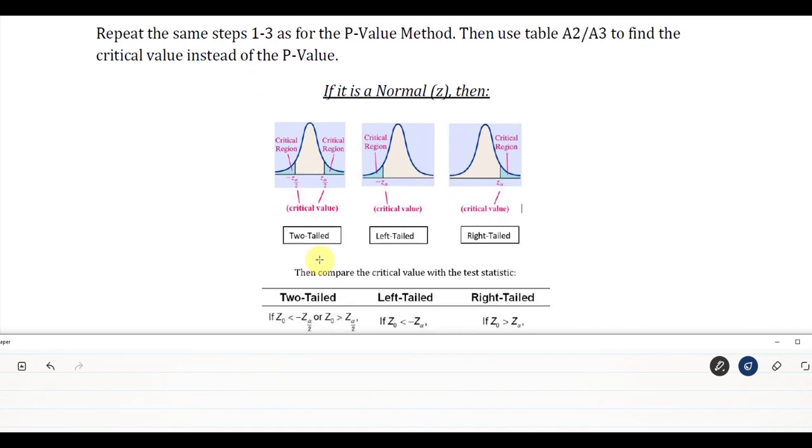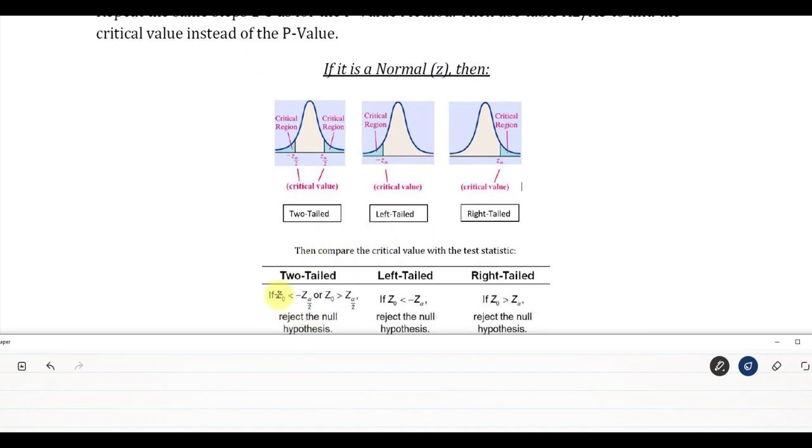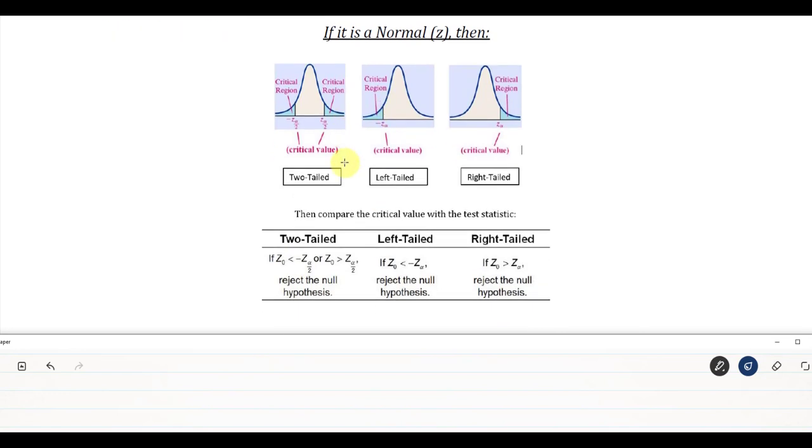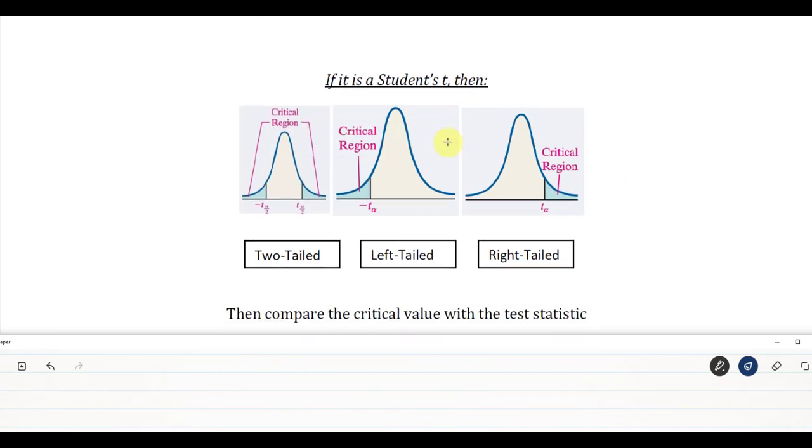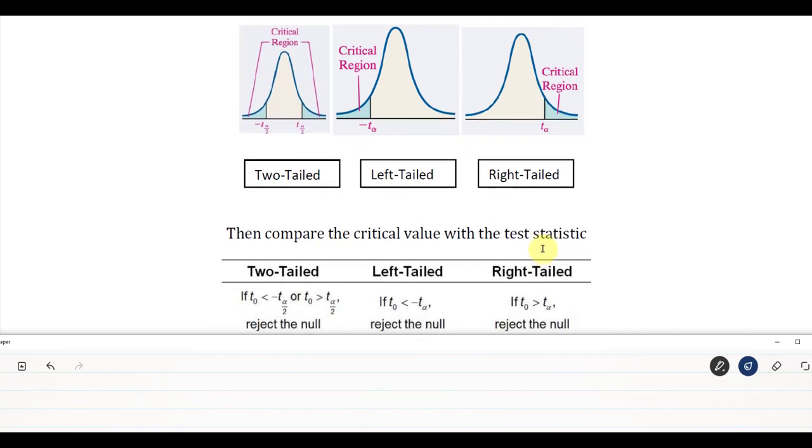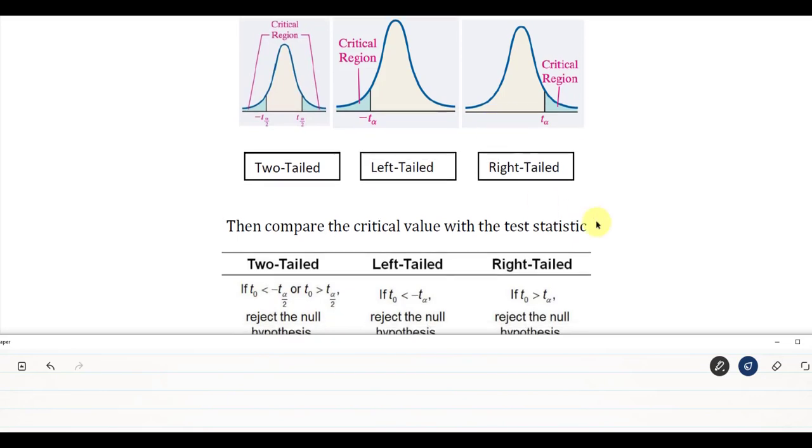And as long as your z0 is inside the critical region, we reject the null hypothesis. And then for the student t, it's the same thing. We have 3 cases, and as long as the t0 is inside the critical region, we reject the null hypothesis.